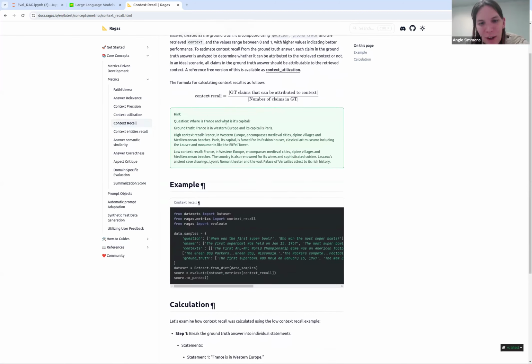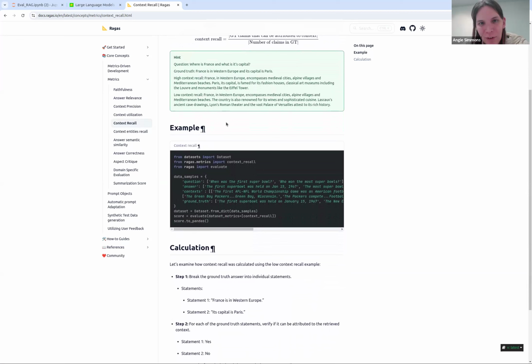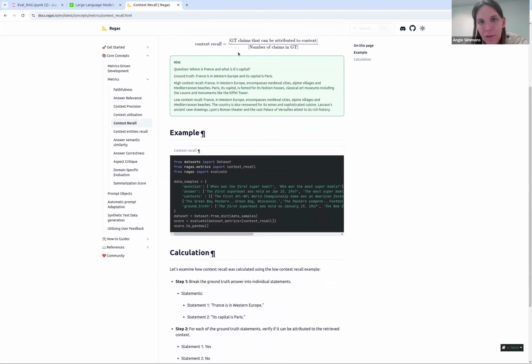It's probably easier to just look at the example. So for recall, the denominator is just the number of claims. In this case, that he was a professor at Harvard, though I'm not sure if that counts as 1 or 2, that he was both a professor and a professor at Harvard.